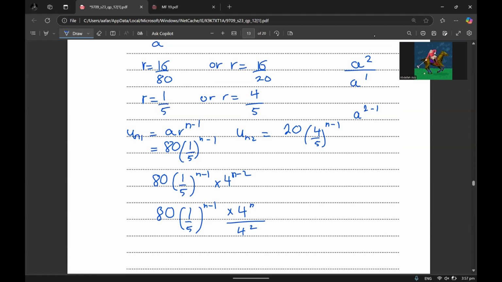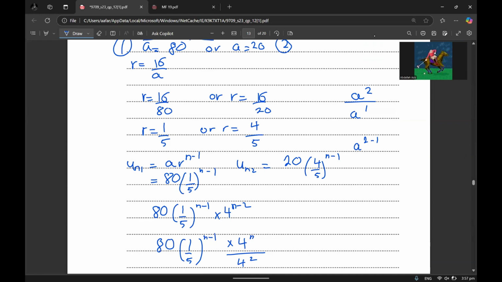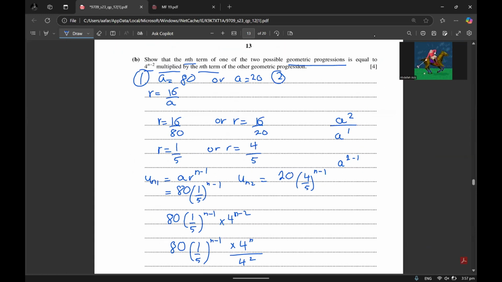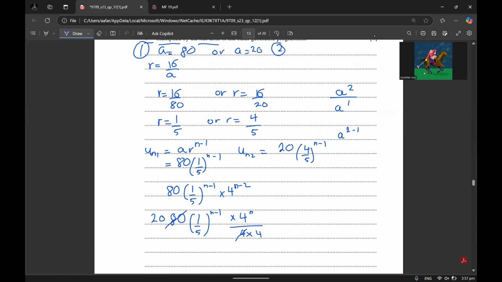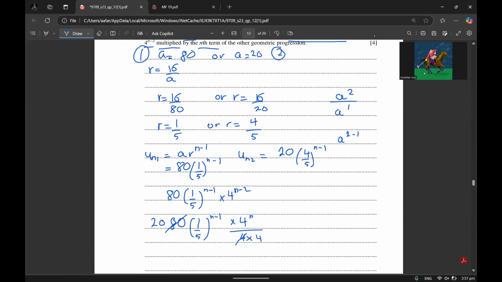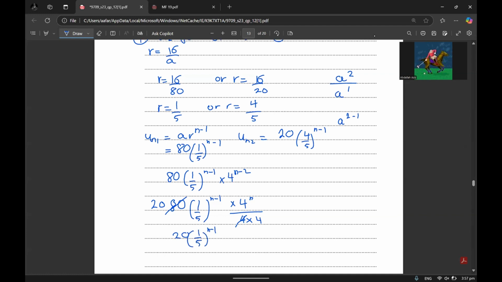So it's like 4 into 4. So we can cut this out with 20. So this becomes 20, 1 over 5 n minus 1.